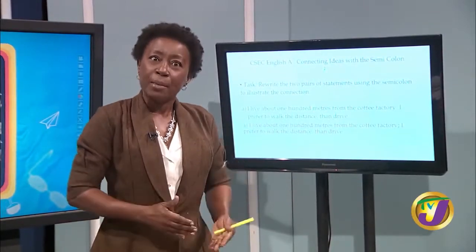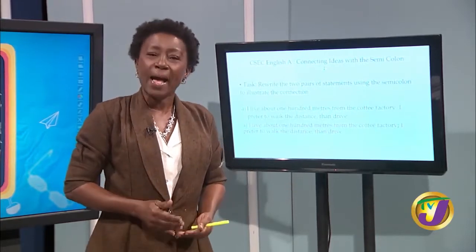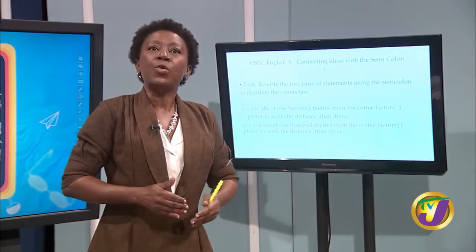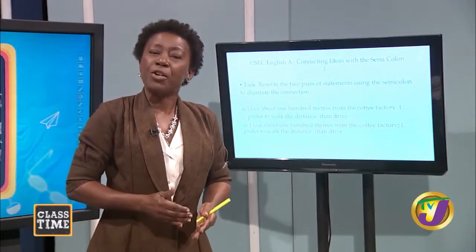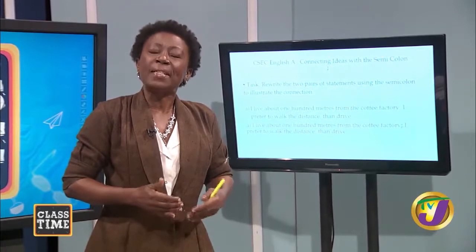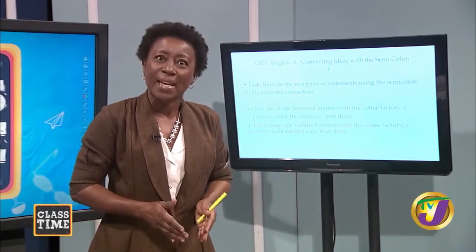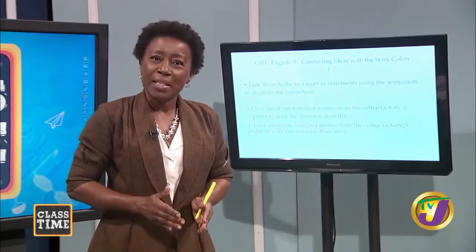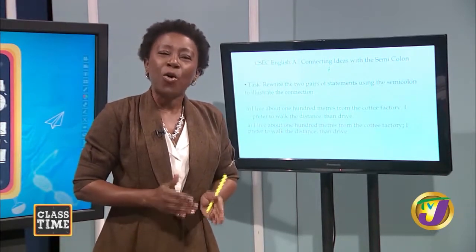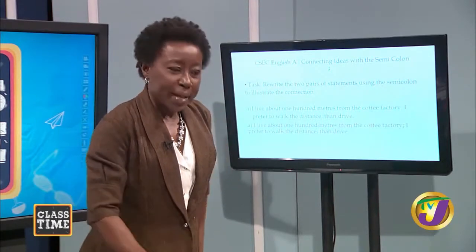The critical point of the skill is to recognize when you have an independent clause in your writing, but for some reason you want to go on and say something else in connection to what you just said. When you reach that stage, put the semicolon in. And we're going to look at that some more.